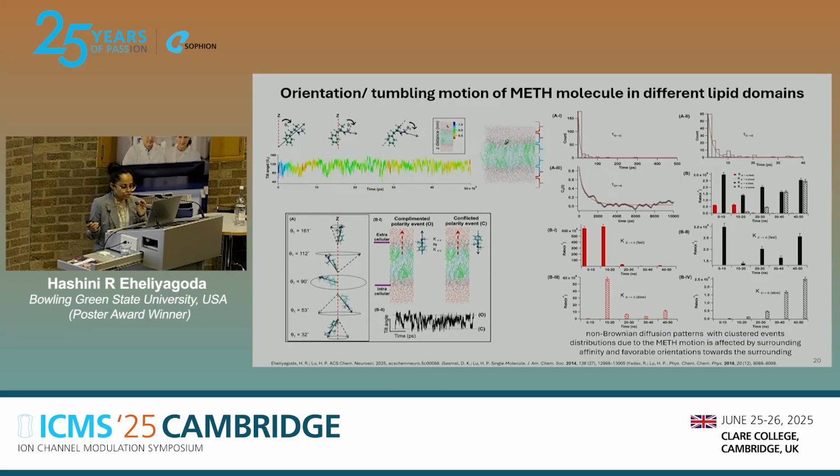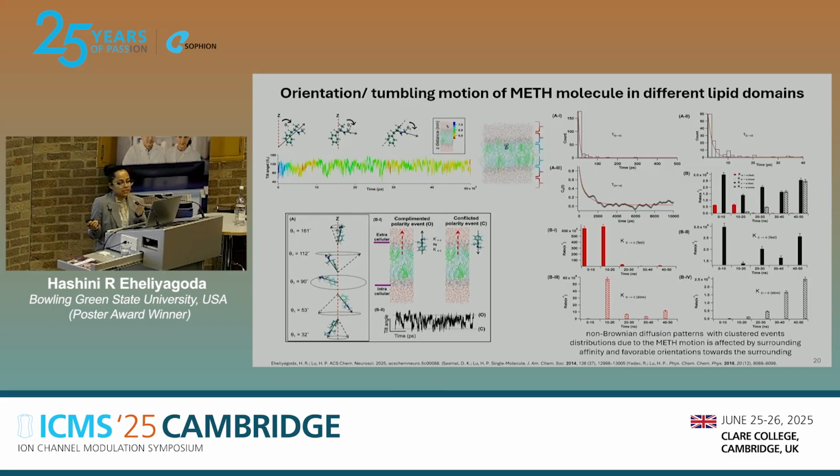Then we wanted to check how these molecules behave in terms of their tumbling motion, or orientation, compared to the lipid bilayer normal, because that reflects how well these methamphetamine molecules adjust to their surrounding environment. For example, when the molecules penetrate through the lipid head group level, the dynamics are stochastic because it's experiencing drastic polarity changes.